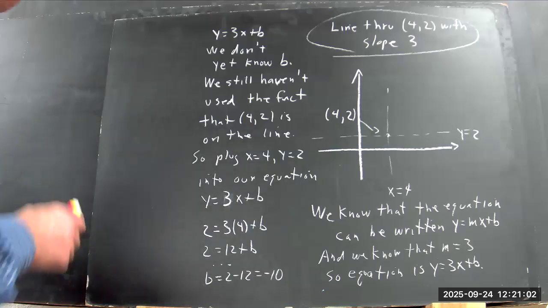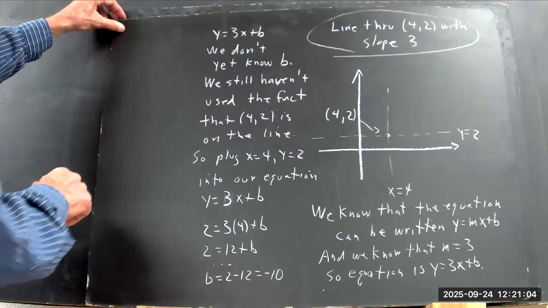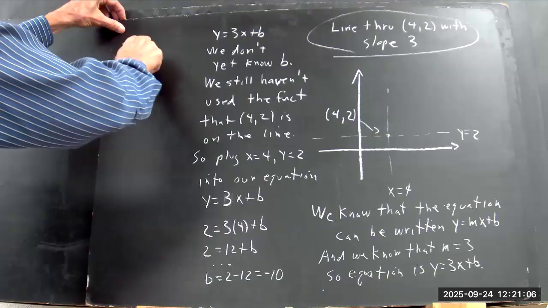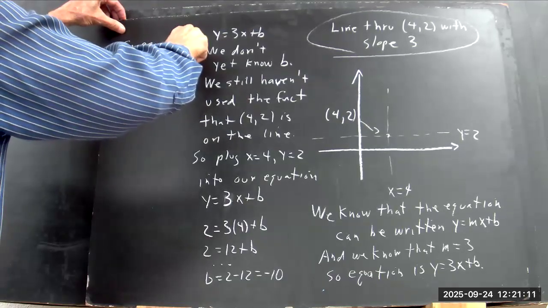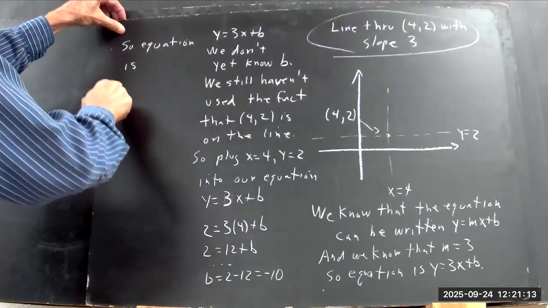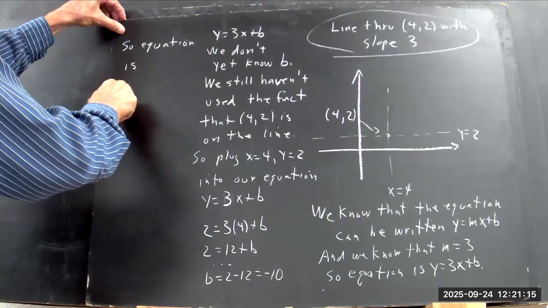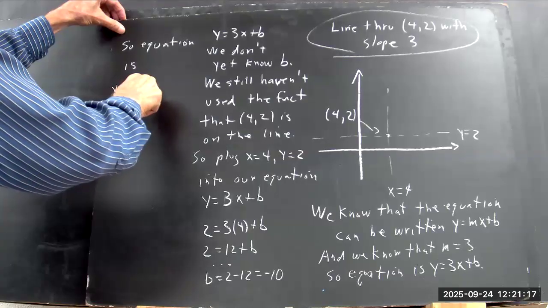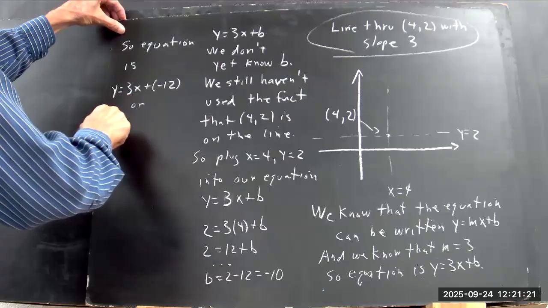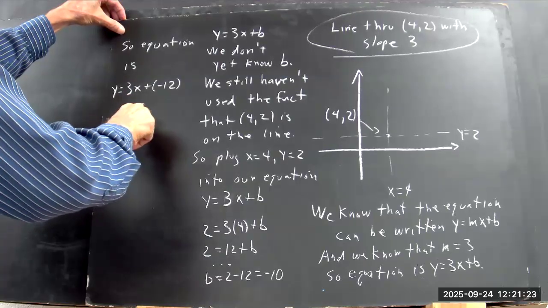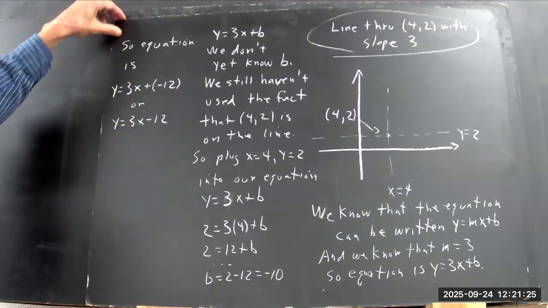Well, now, the equation is y equals 3x plus negative 12, or y equals 3x minus 12.